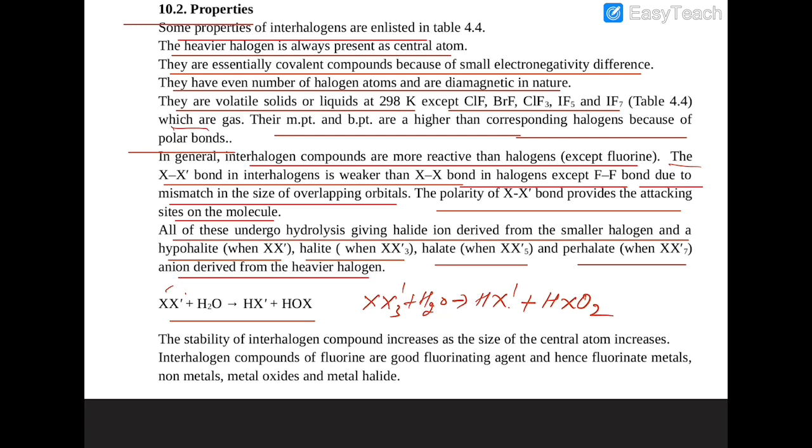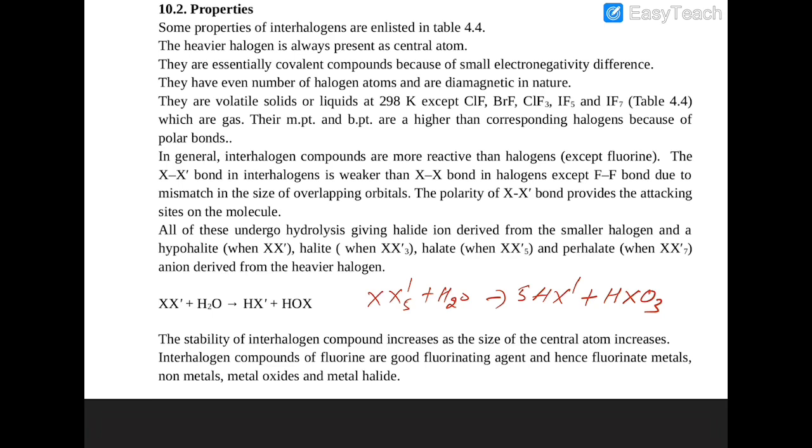Sure about that or not? Clearly understood? Memorize that. If you take an XX'5 and dissolve it in water, it will give you 5 moles of HX' plus HXO3.